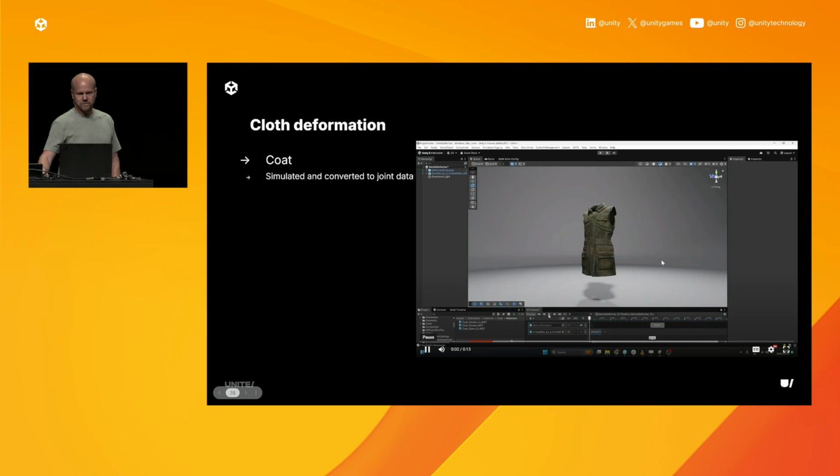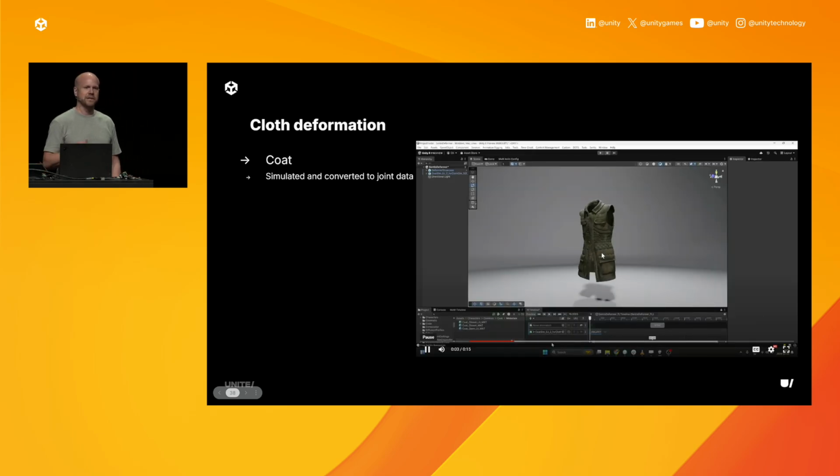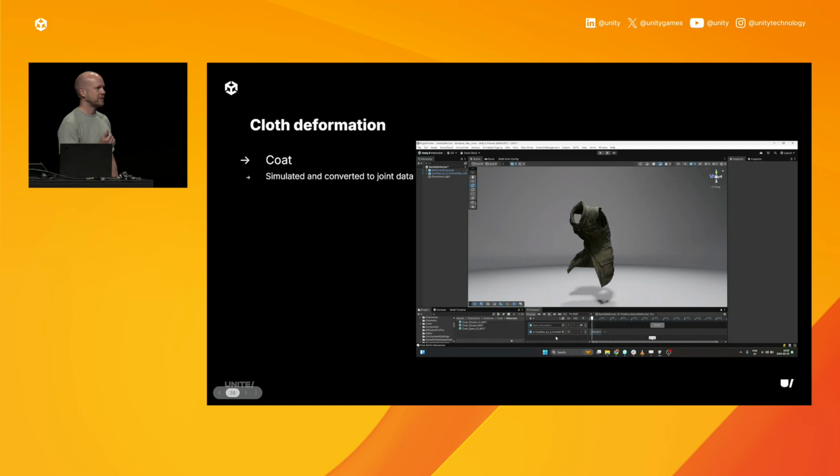So for these, we ended up doing offline simulation in Marvelous Designer. Then we converted that with DEM Bones to a regular skinned joint-driven mesh, which we then dropped into Unity and played back as a regular animation. We did that for all the shots where the coat needed to deform.